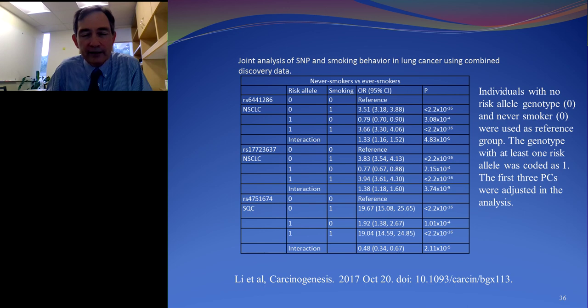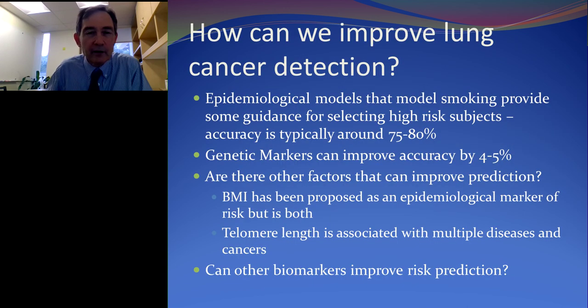So now we turn to other questions, like how can we improve lung cancer detection? We know epidemiological models do actually pretty well. They can predict between 75, in some cases up to 80% of the risk by allowing for polynomial effects of smoking on risk.